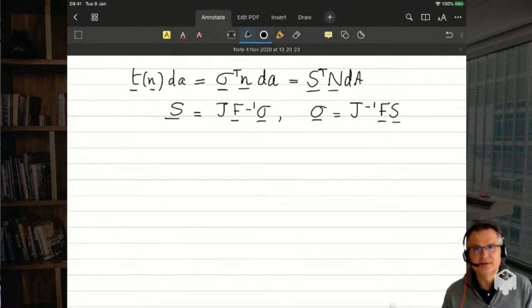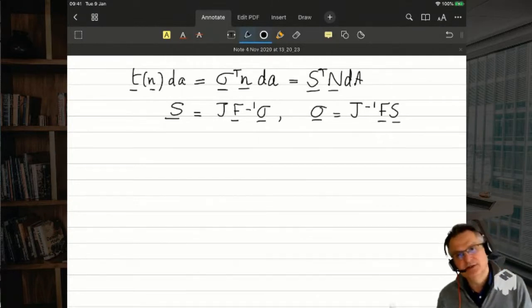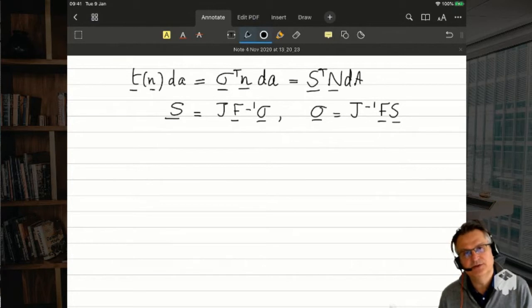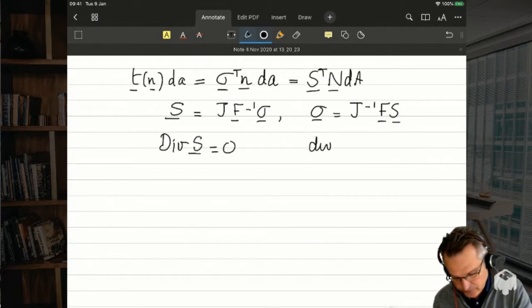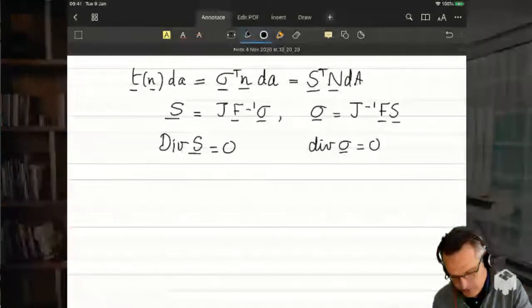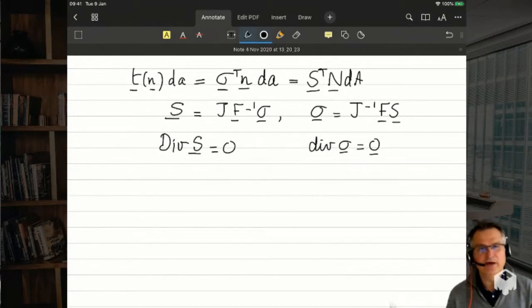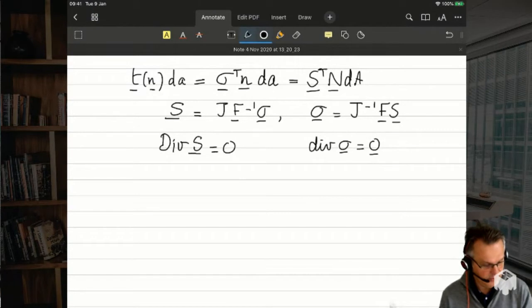So one is a Lagrangian quantity, capital S, and one is an Eulerian quantity, sigma. One measures the force per unit area in the current configuration, and the other the force per unit area in the reference configuration. And you have the equation of static equilibrium. You can write it in Lagrangian form or equivalently in Eulerian form as follows: the divergence of the stress must be 0.